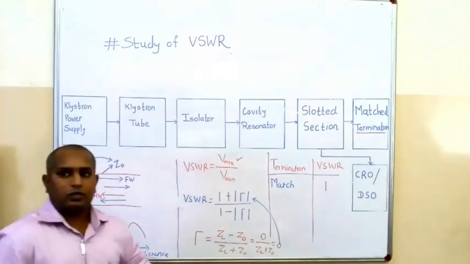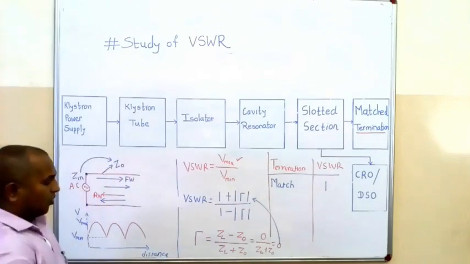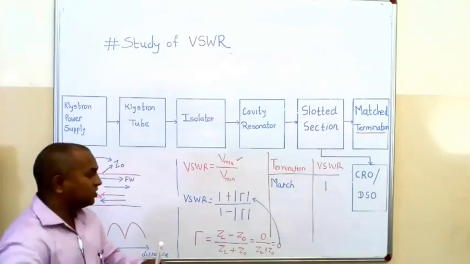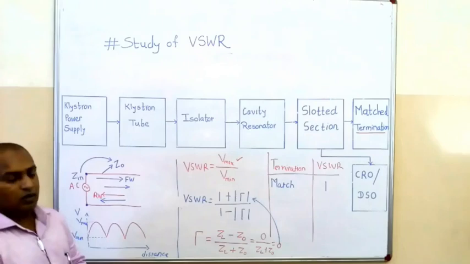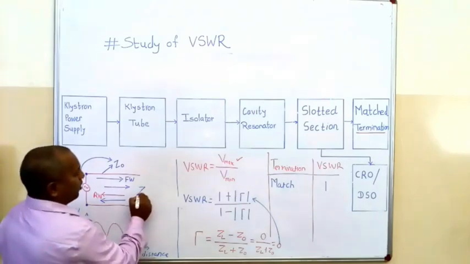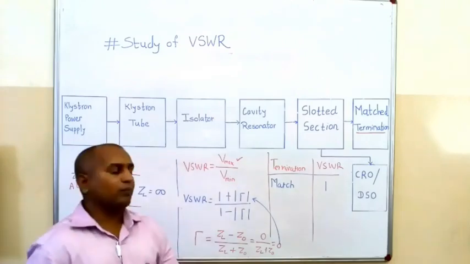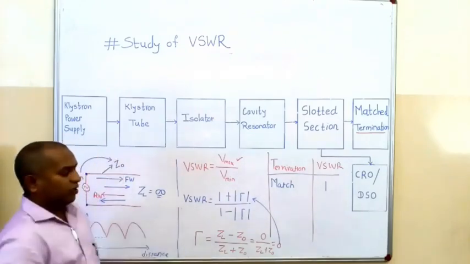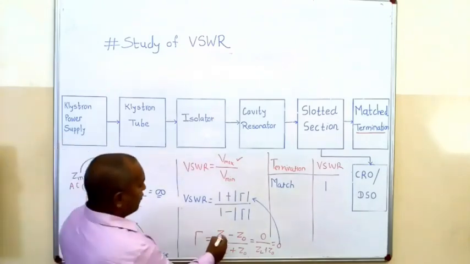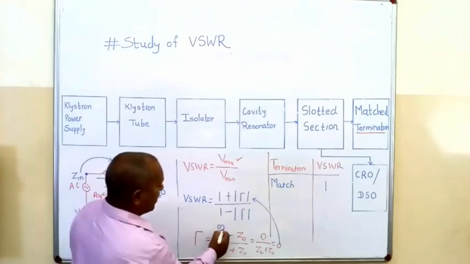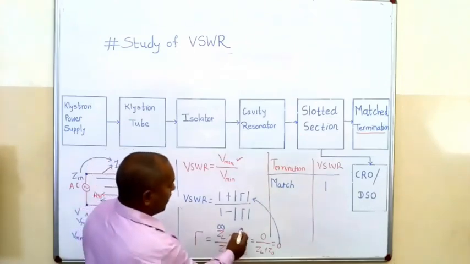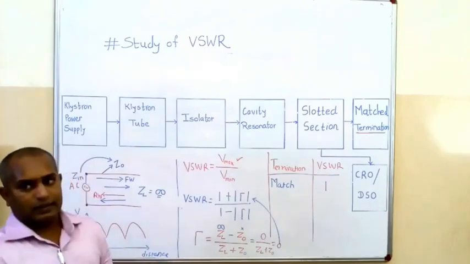According to electromagnetic theory, when your transmission line is open, your load acts as very high, meaning infinity. If I put the value of infinity here, this part is neglected.